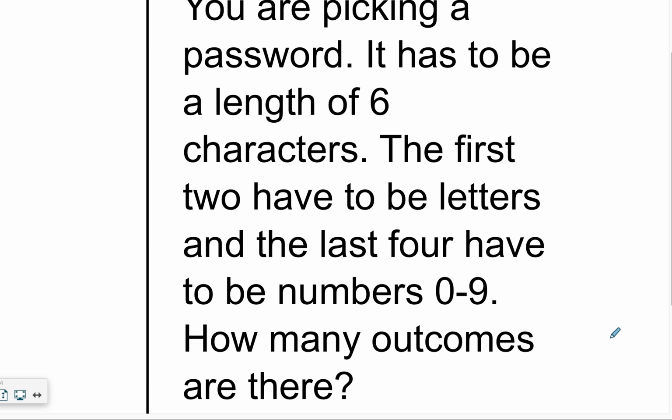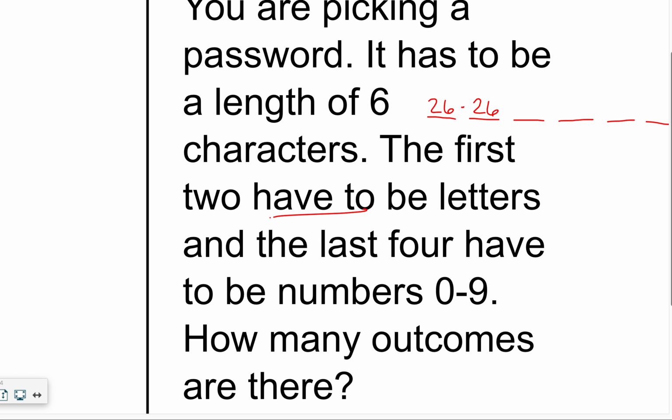All right, what I hope you notice is the first thing I do is I'm setting up how many different ways this might be arranged. In this case, I know it needs to be 6 long. So I'm going to go 1, 2, 3, 4, 5, 6. What else do I know? The first 2 have to be letters. So how many choices do I have for a letter? How many letters in the alphabet? 26 times 26.